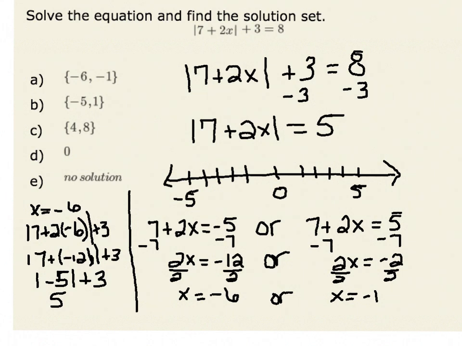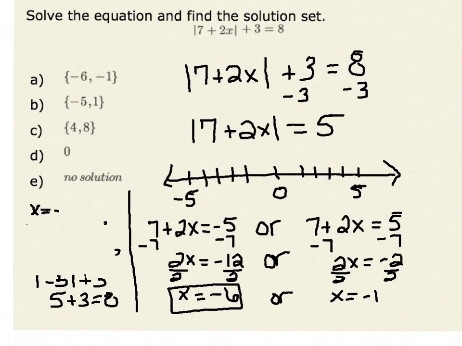Therefore, 5 plus 3 is indeed equal to 8, telling us that x equal to negative 6 is indeed a solution. We could do the same thing for x equal to negative 1 to verify that it is indeed a second solution.